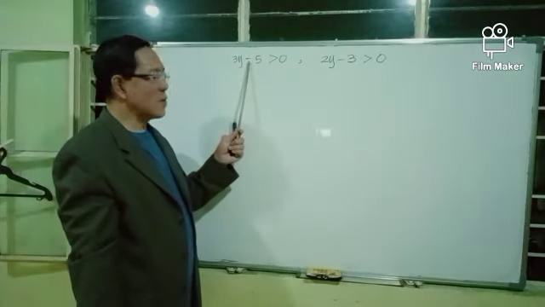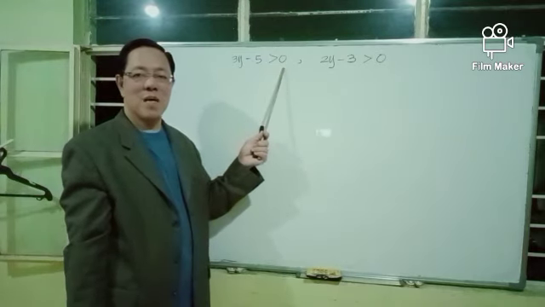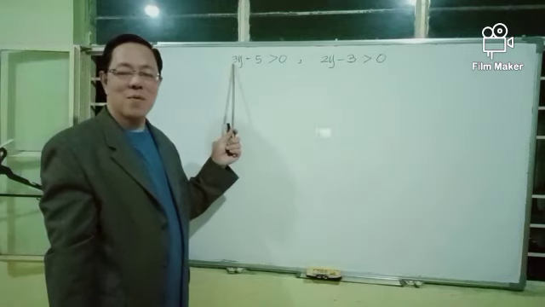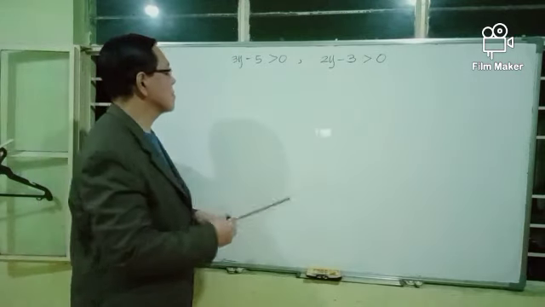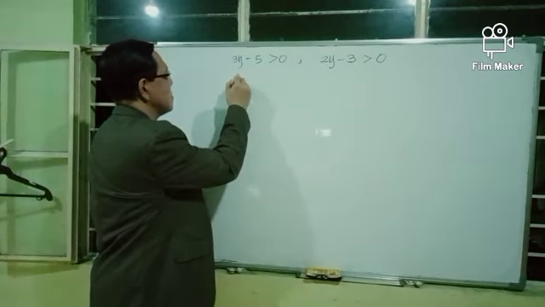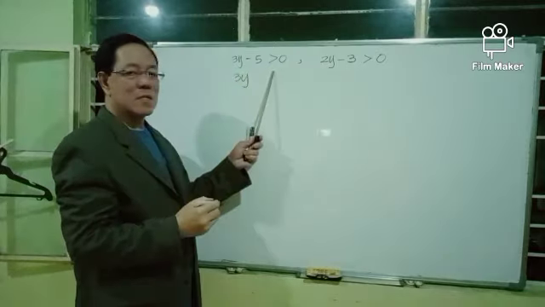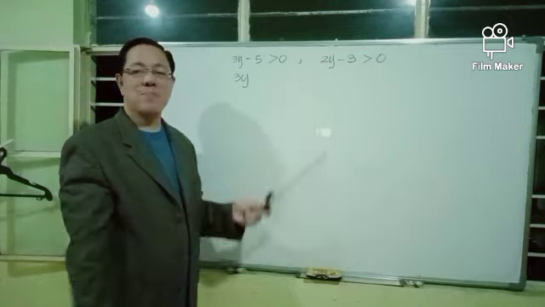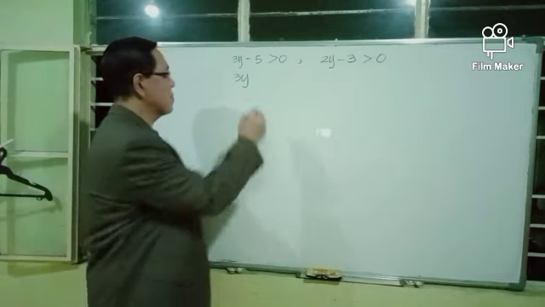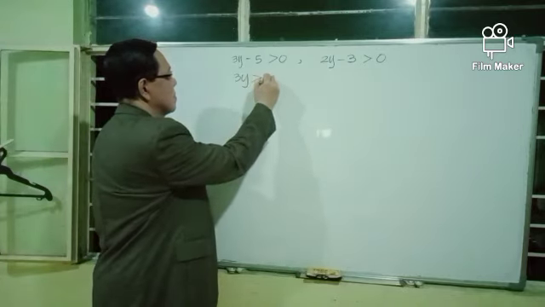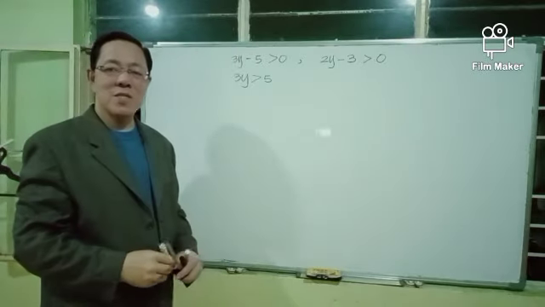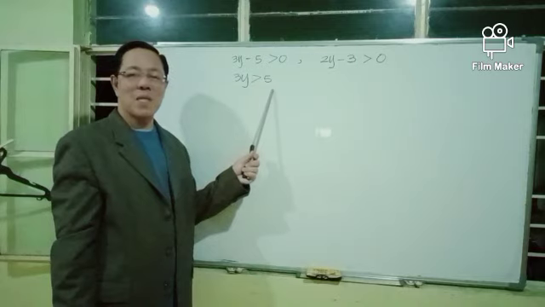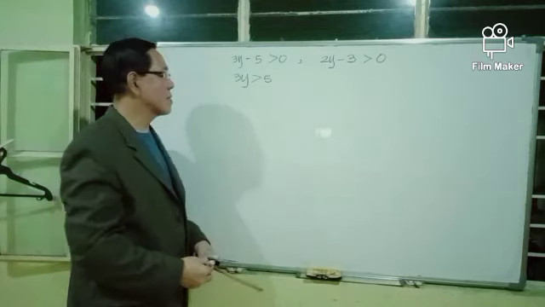And when we transpose that to the right-hand side, negative 5 becomes positive 5. And at the left-hand side, we are left with 3y. 3y is greater than 5. And the coefficient of y should be positive 1, thus we divide both sides of this inequality by 3.